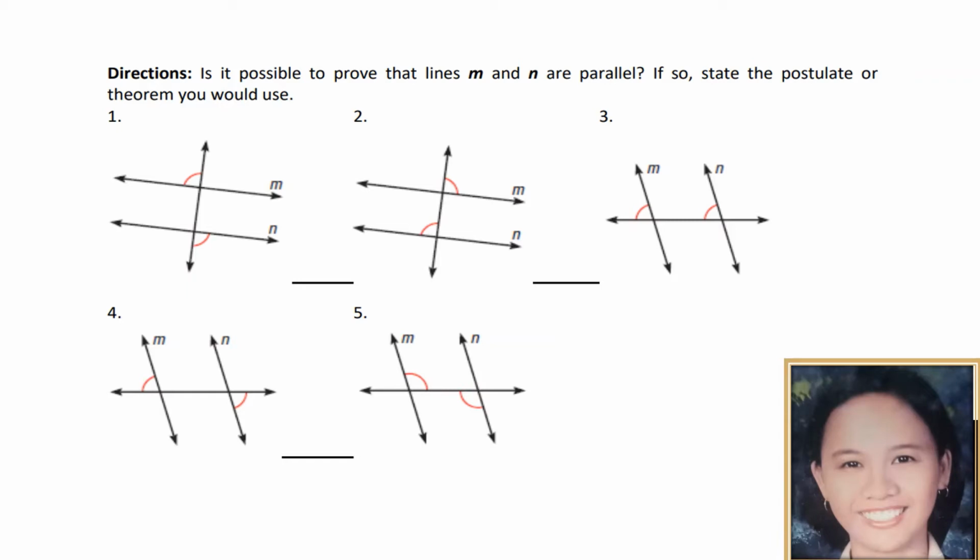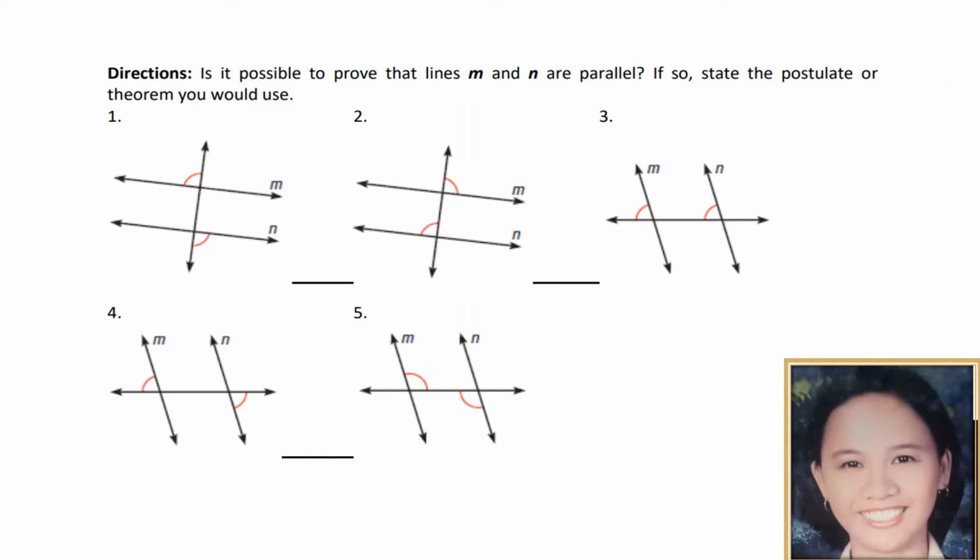Number 2. We have one exterior angle and one interior angle, but both of them are on different sides of the transversal. We cannot consider lines M and N parallel because we don't have any postulate or theorem that will satisfy this condition.